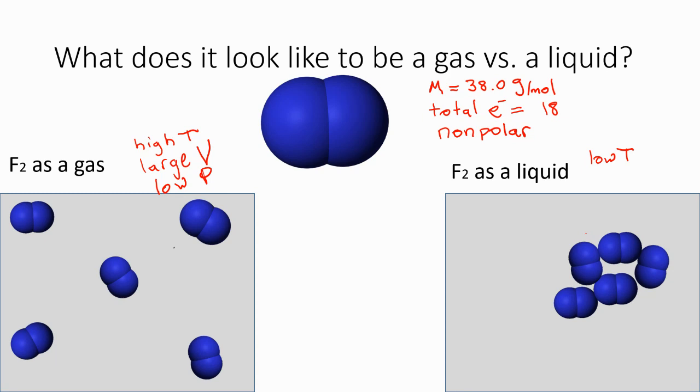I think the big difference, kind of the take-home message of this video, is that there's a lot of separation between the particles in the gas phase, but in the liquid phase, they're closer together. And we've set up some conditions that will kind of facilitate making that happen. We want gases to exist at a high temperature. We want liquids to exist at a low temperature.